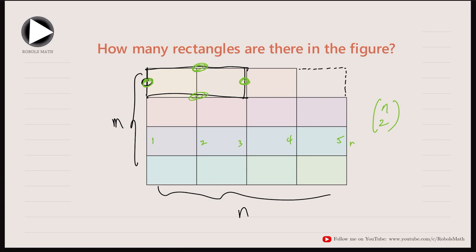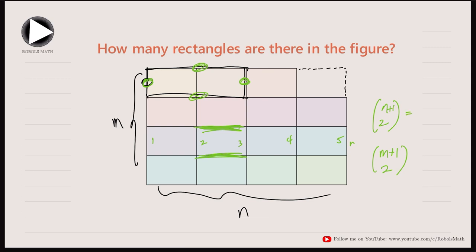Similarly, for the horizontal bars, we are choosing two out of, sorry, there are not m. This is n plus one. If there are m rows, then there would be m plus one choices for the horizontal bars. So there would be m plus one taken two choices for the horizontal bars.